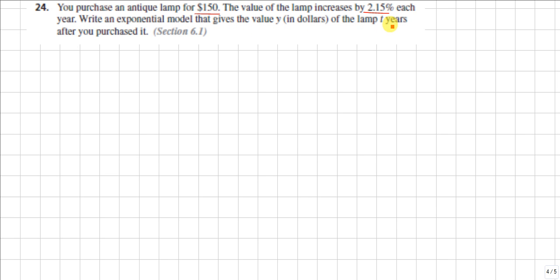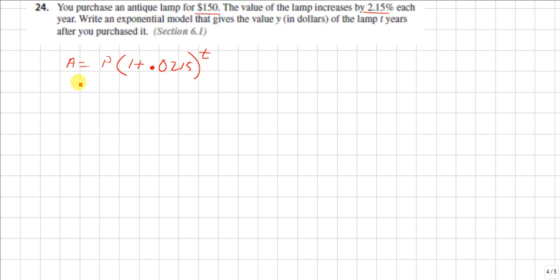So it's increasing yearly. There is no compounding. So my ending amount is going to be equal to my beginning amount times 1 plus the rate of increase in decimal form. So that'd be 0.0215 to the t years.